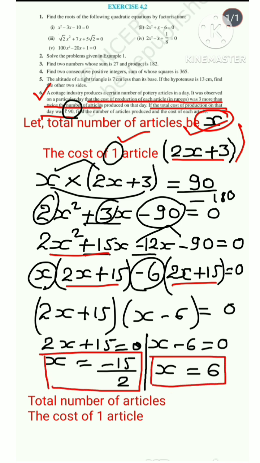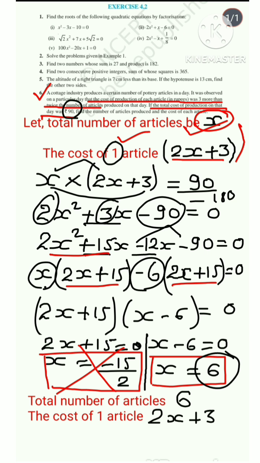And as we know, the number of articles can't be in fractional form, right? So ignore this value of x, and in the answer we can write the total number of articles which we had assumed x, and the value of x here is 6. So the total number of articles is 6. Now the cost of one article, we had 2x plus 3.